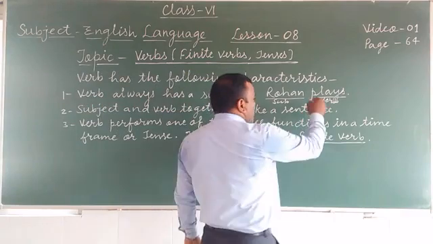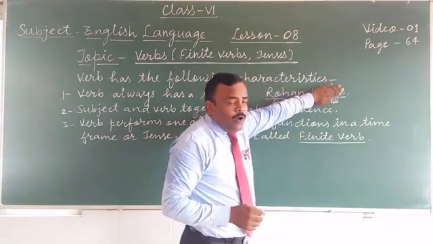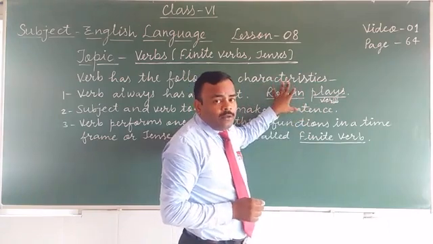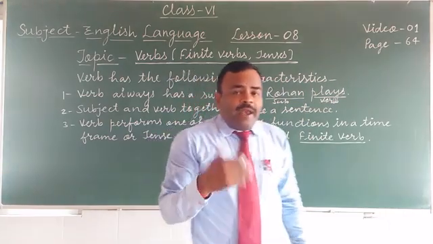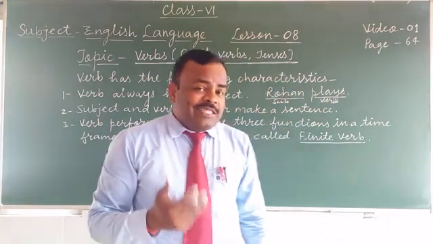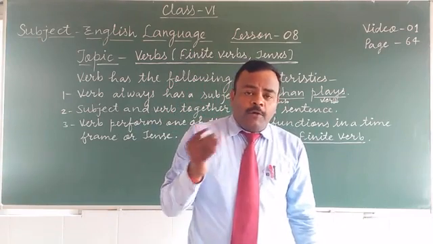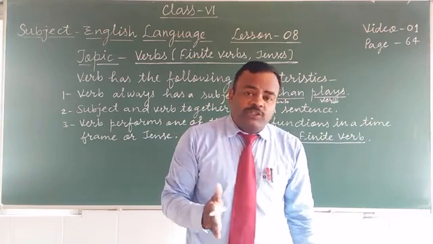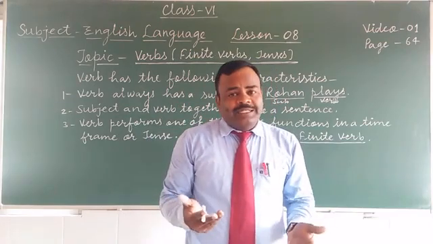Suppose if you remove this verb, only the subject will be left, Rohan. So it is not a sentence. In another way, we can say that without a verb, formation of a sentence is not possible. Means no verb, no sentence.